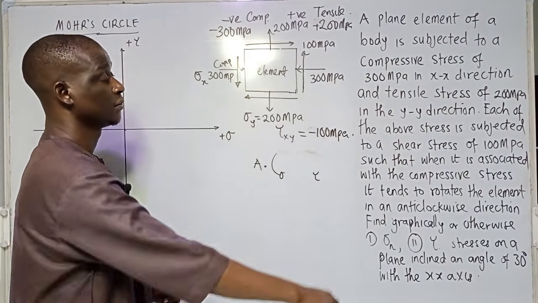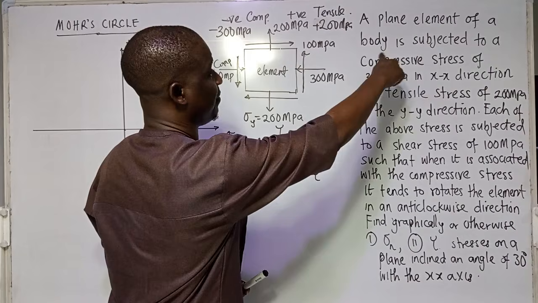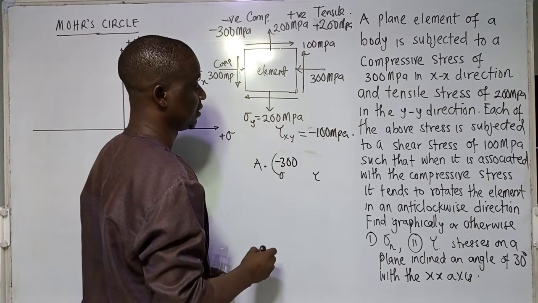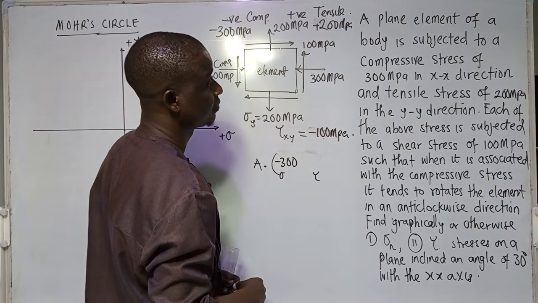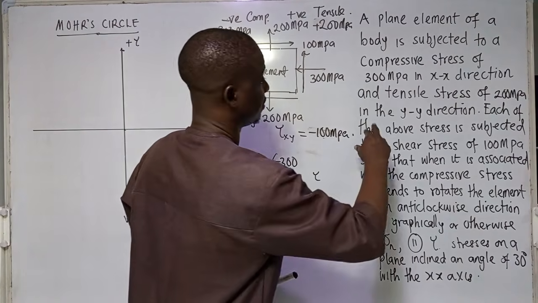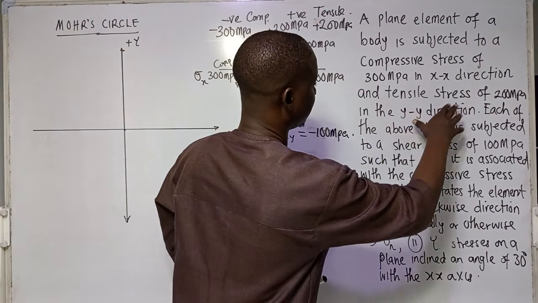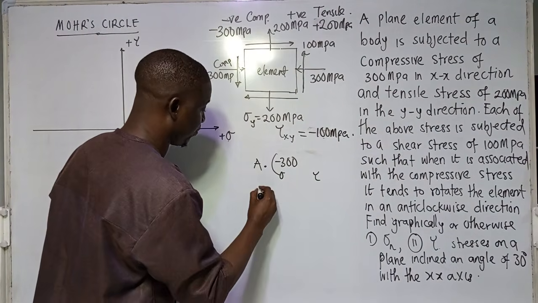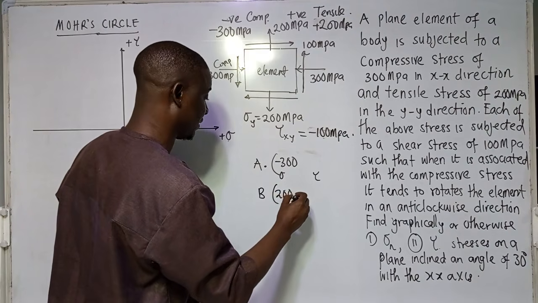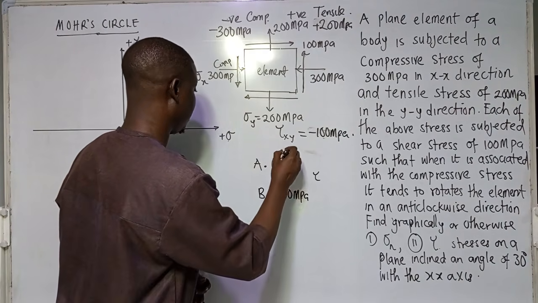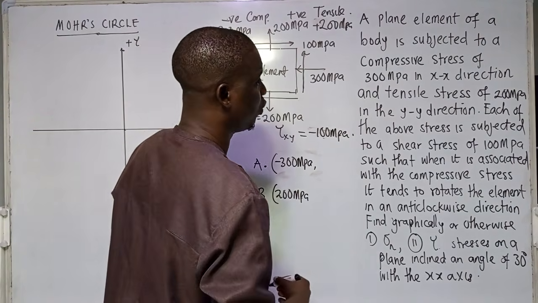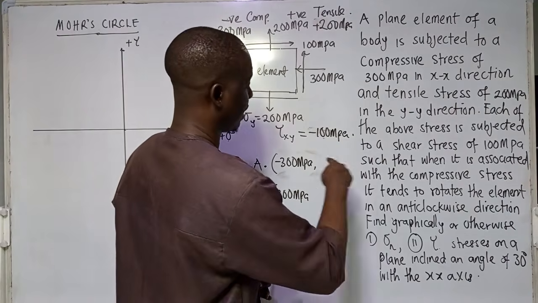Now, having known that, let me quickly bring out my parameters from the question. The question says a plane element of a body is subjected to this. So minus 300 is the stress there, minus because it is compression, along the sigma axis. Then let's take point B as tensile, which is 200 megapascal along the sigma coordinate. Then we have the shear stress along the compression.